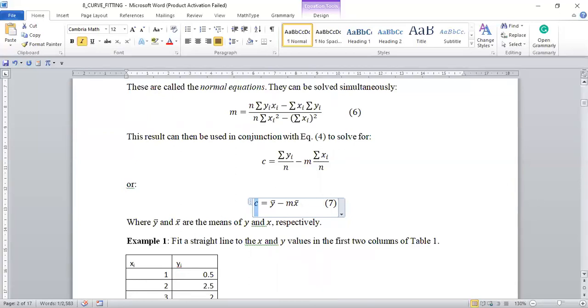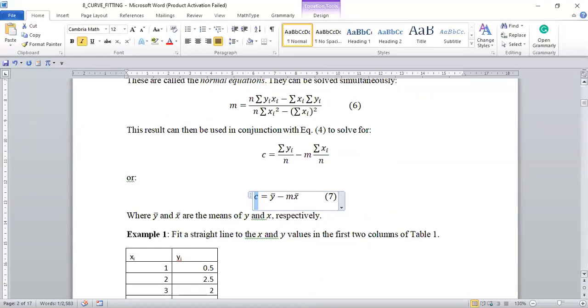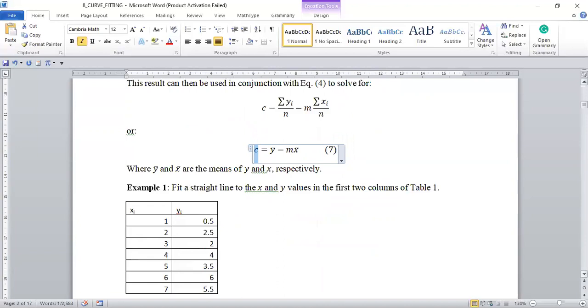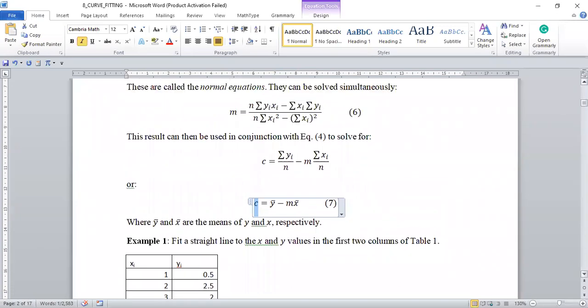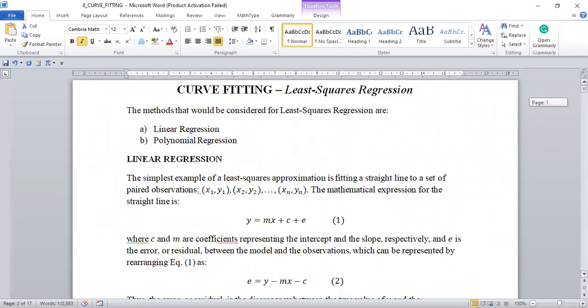So what we are trying to do is that if you are given a set of data points, we want to be able to fit a straight line through the data. And the straight line is given by y = mx + c.